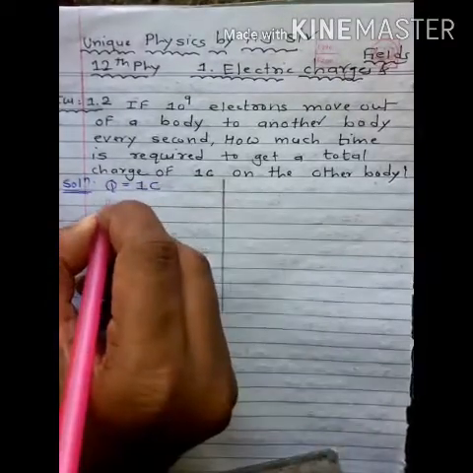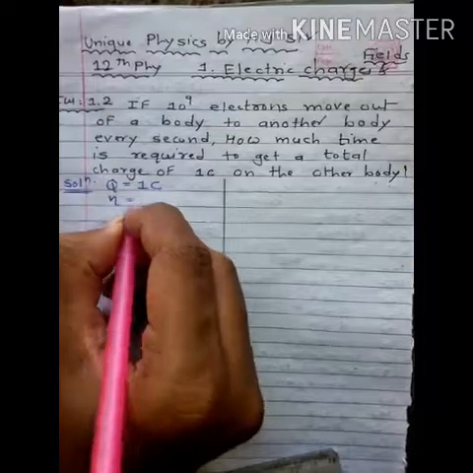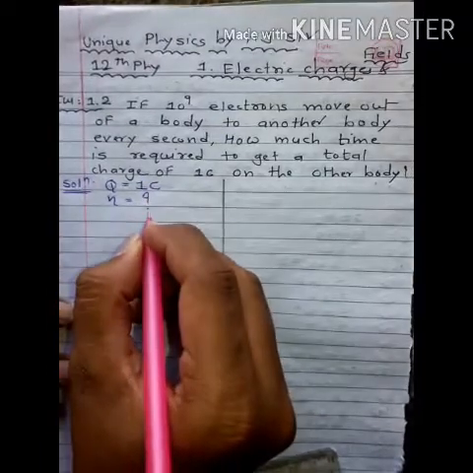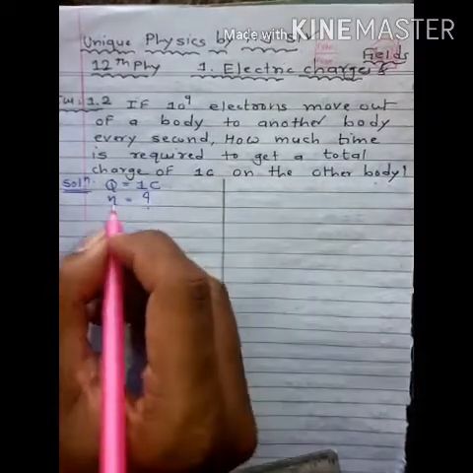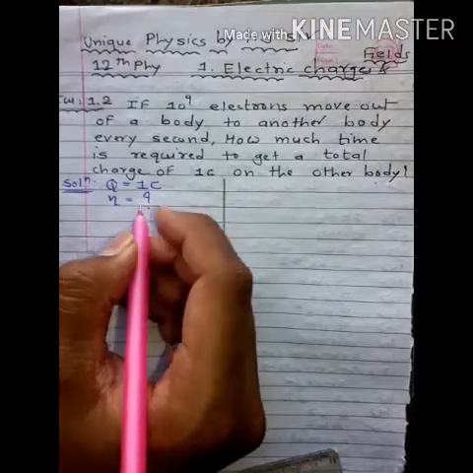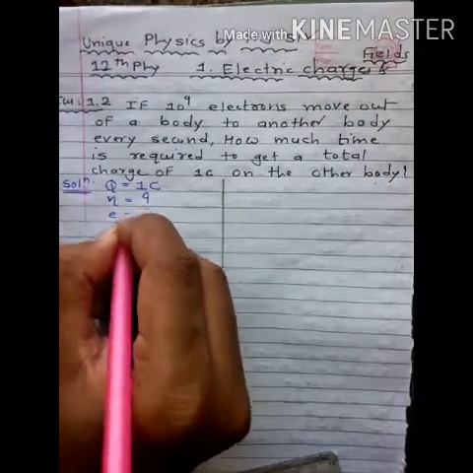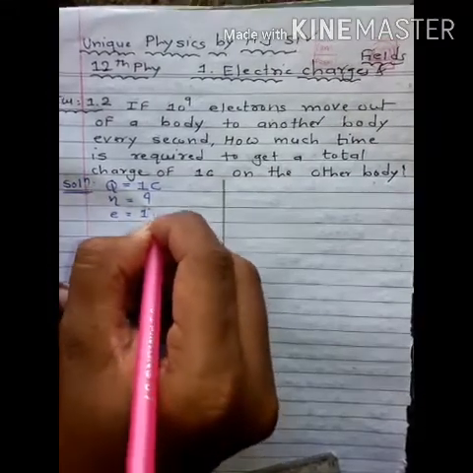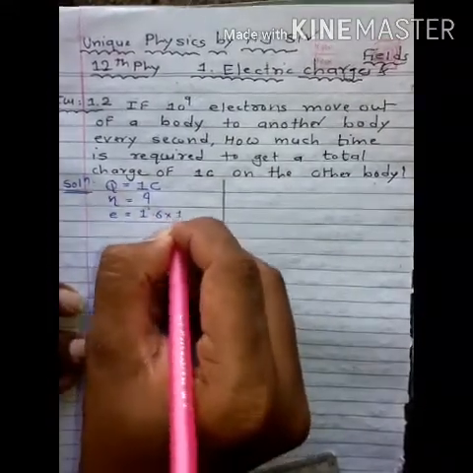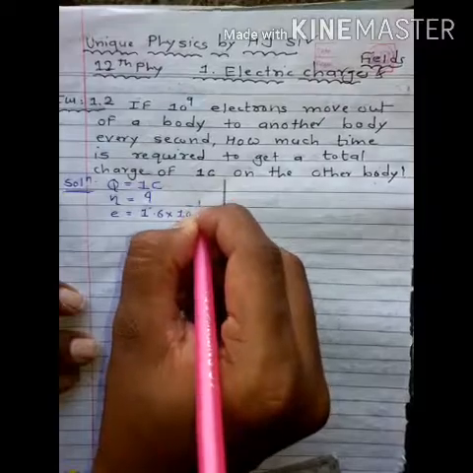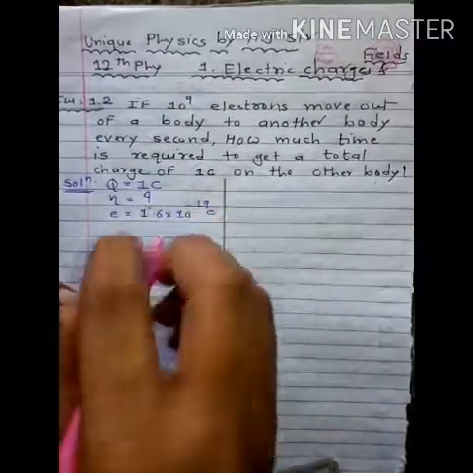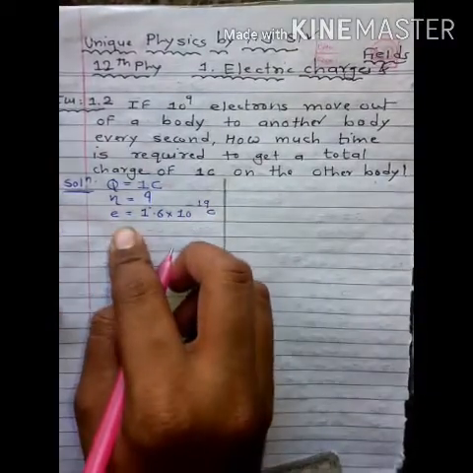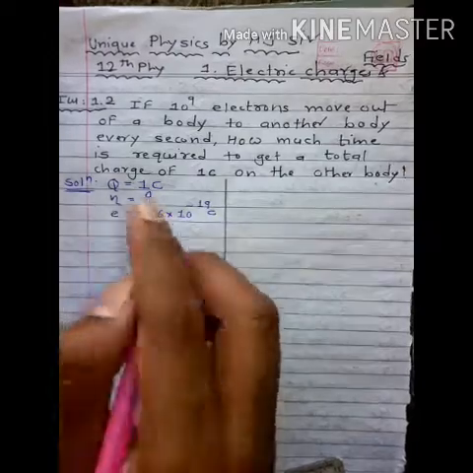First of all, we find the number of electrons transferred from one body to another body. Number of electrons means small n. And e, the basic unit of electric charge, is 1.6 into 10 raised to minus 19 coulomb. This is also known as the fundamental unit of electric charge.